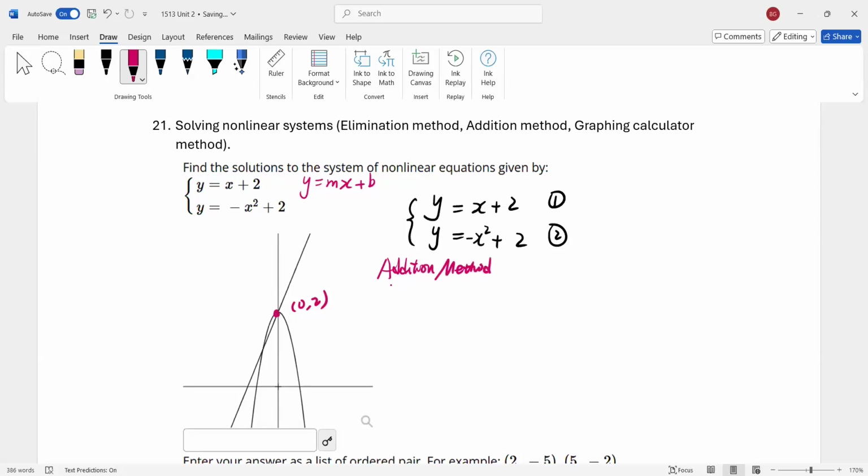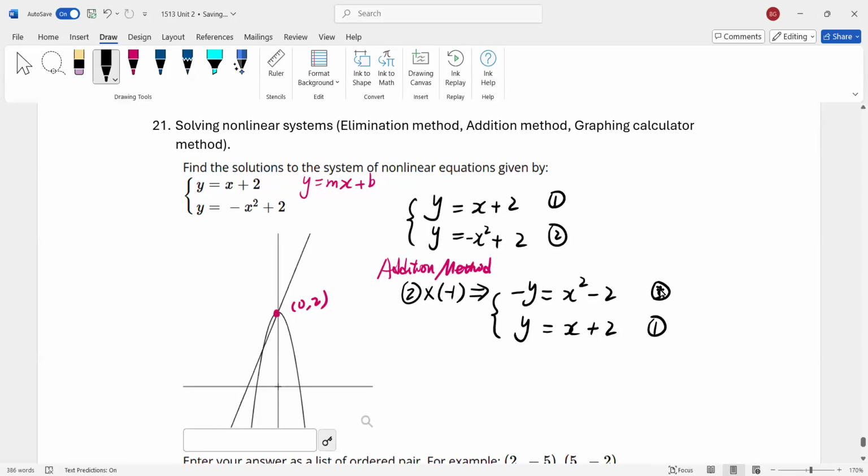Subtraction is a special addition. What we are going to do is, firstly, we multiply equation 2 by negative 1, all right? Then equation 2 will become negative y equals positive x squared minus 2. I'm going to label this equation as 3. And I put equation 3 with equation 1, which is y equals x plus 2.